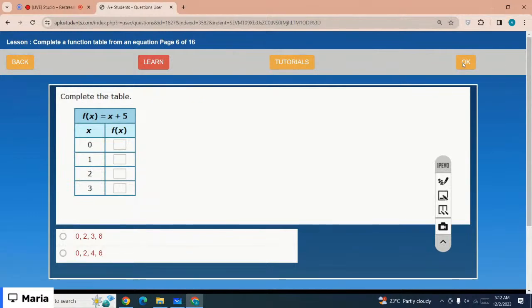Because 0 plus 5 is 5, 1 plus 5 is 6, 7 and 8. The correct options are 5 plus 0 is 5, 5 plus 1 is 6, 5 plus 2 is 7, and 5 plus 3 is 8. They are 5, 6, 7 and 8, right?